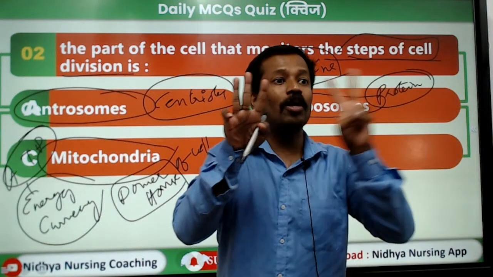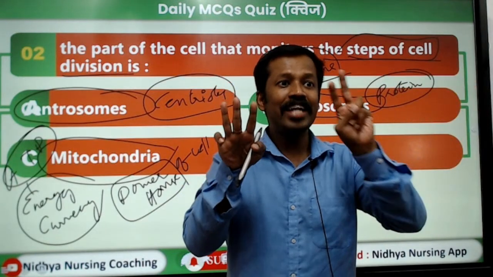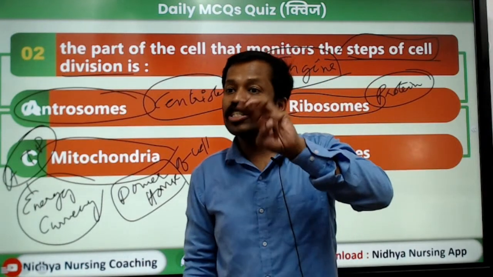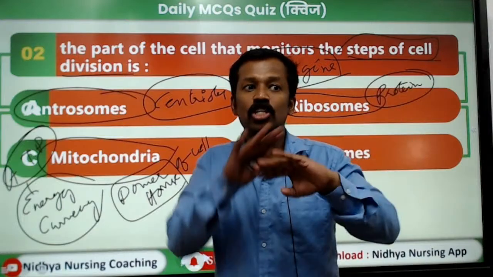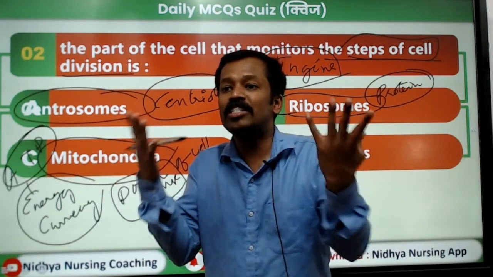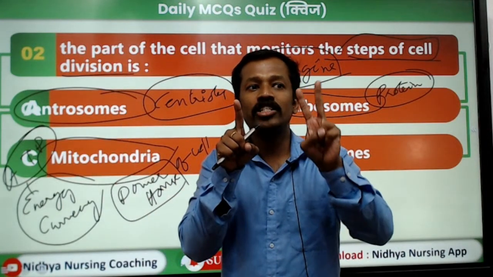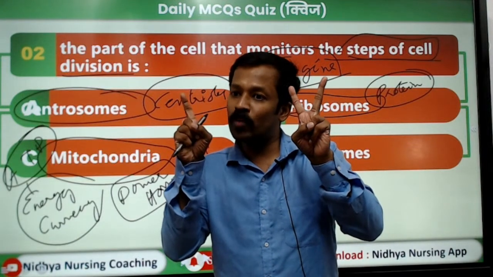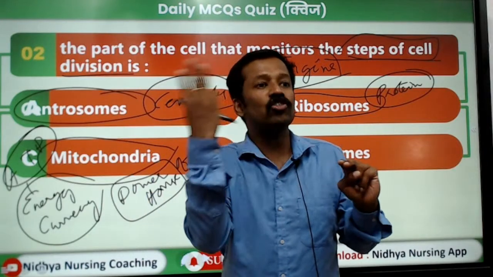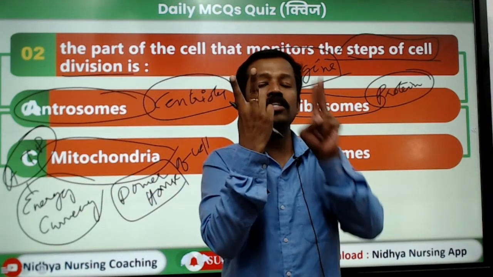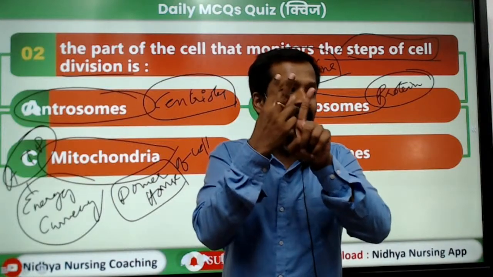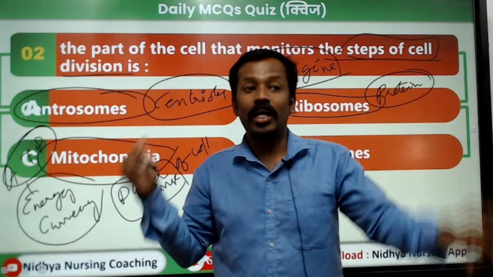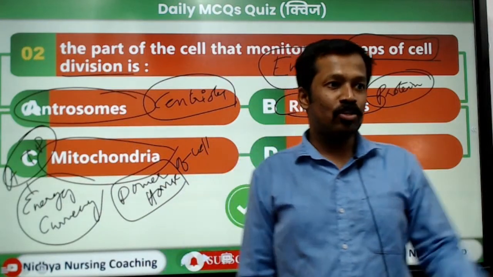Adenosine triphosphate, three phosphates, splits into adenosine diphosphate, ADP, plus one phosphate, two plus one. At that time energy is released. What kind of energy? Kinetic energy. That was one of the important questions.